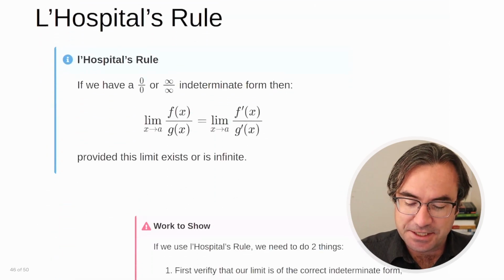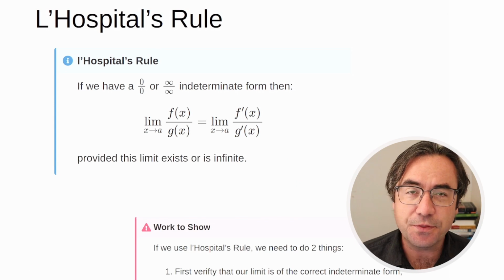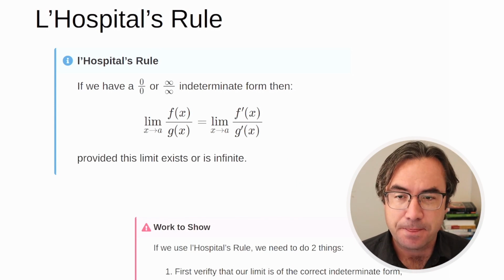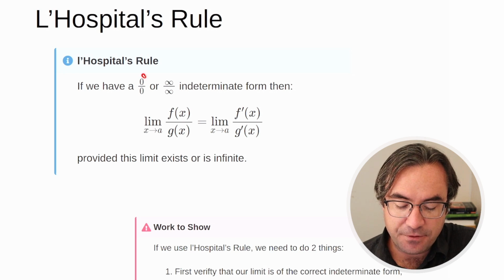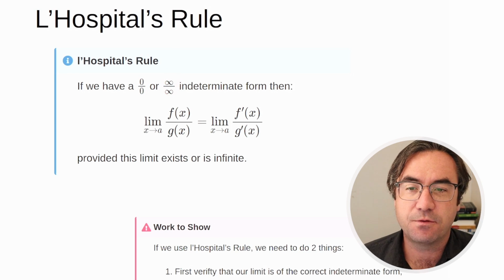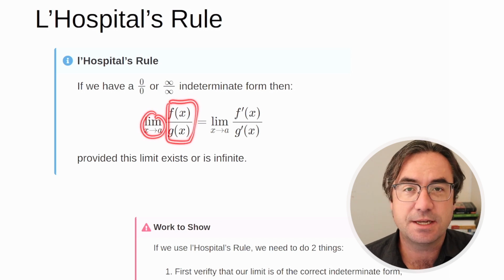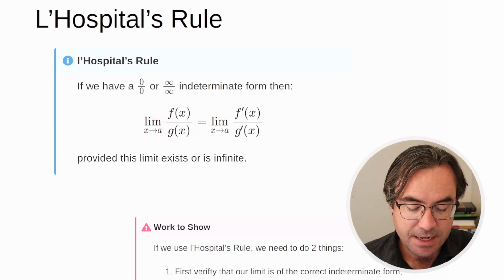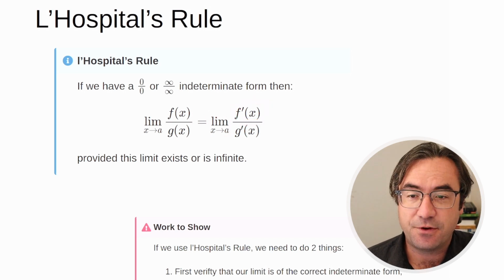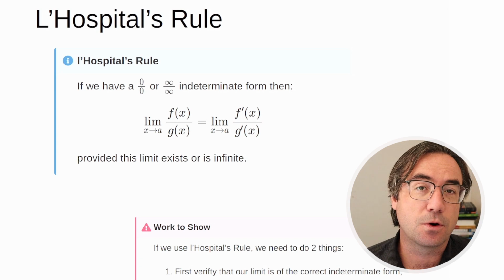All right, so let's get to the meat of it here. L'Hopital's rule. What this theorem says is that if we have a 0 over 0 form or an infinity over infinity form, then the limit of that quotient, f of x over g of x, is equal to the limit of the derivative of the top function divided by the derivative of the bottom function, provided this new limit exists or is infinite.